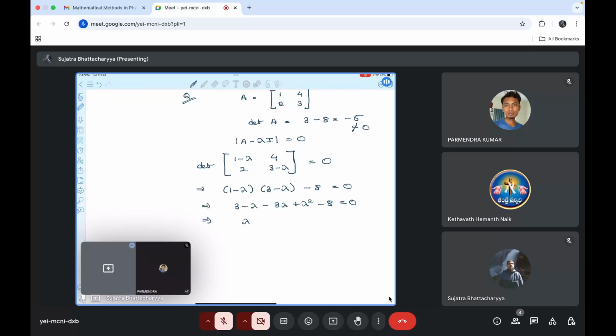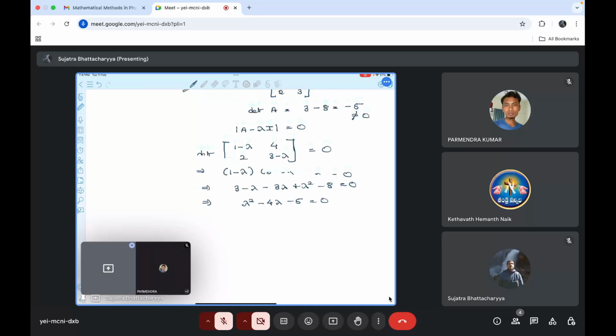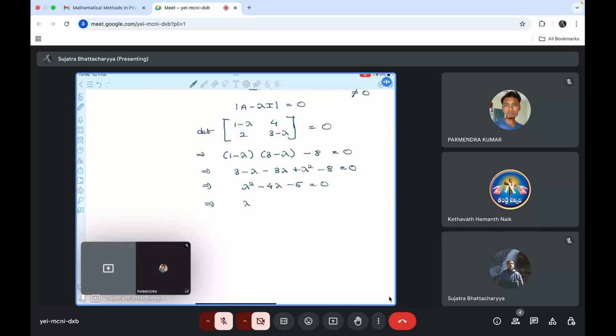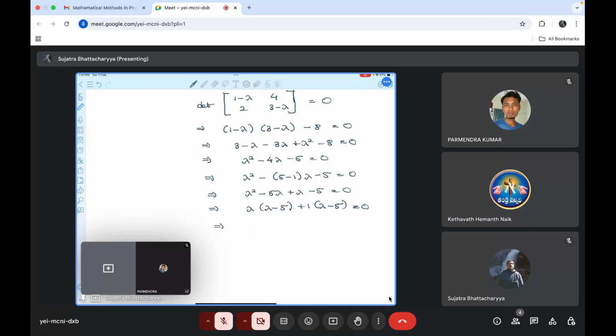Next is lambda square minus 4 lambda minus 5 equal to 0. Lambda square minus 5 lambda plus lambda minus 5 equal to 0. Lambda minus 5 plus 1 times lambda minus 5 equal to 0. So (lambda minus 5)(lambda plus 1) equal to 0.